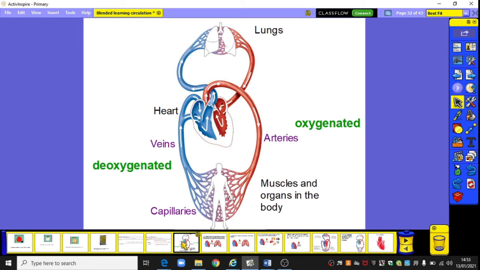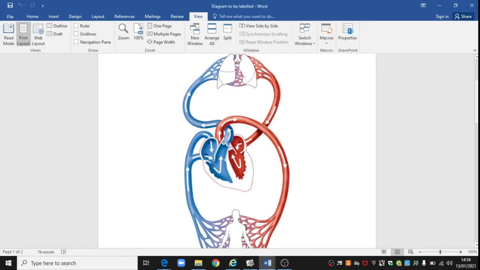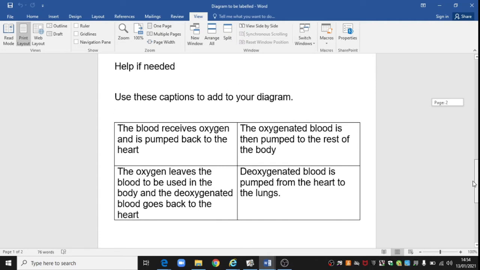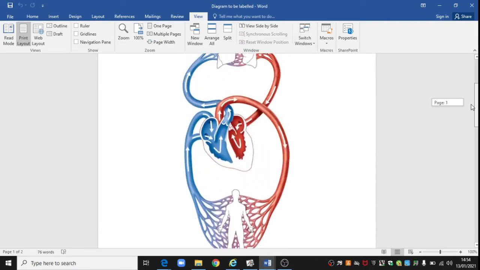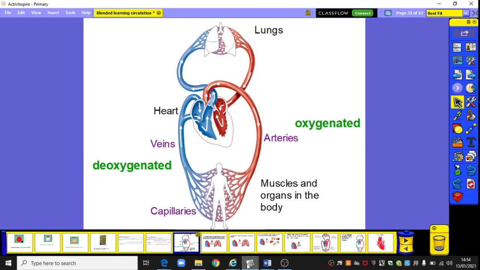Now I'm going to be explaining it in 4 stages. You might go away and research and find out a little bit more information that could add to your captions to describe what's going on in the diagram. That is up to you. On the sheet that you have been given, for some of you that might find this tricky, I have given you some captions that you might want to add to your diagram so that you can cut and stick them in the appropriate spots.